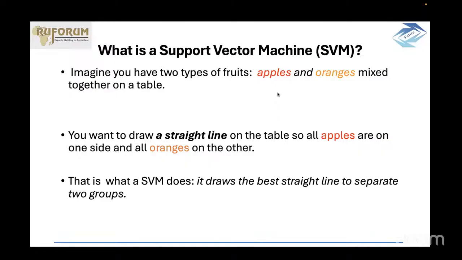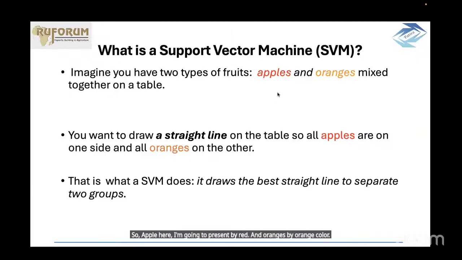So what's a support vector machine? I'm going to show this by talking about two fruits: apples and oranges. Imagine you have apples and oranges mixed together on a table. Apples I'm going to represent by red, and oranges by orange color.